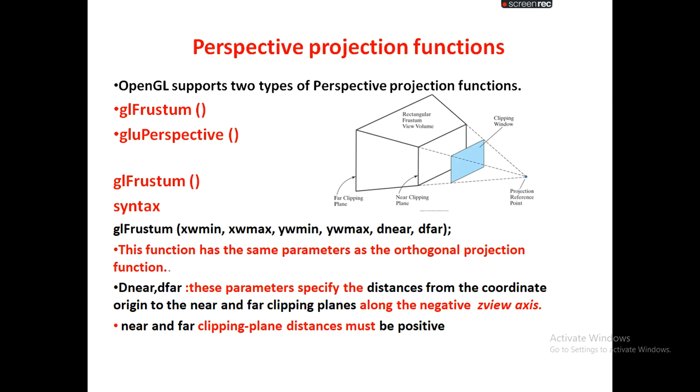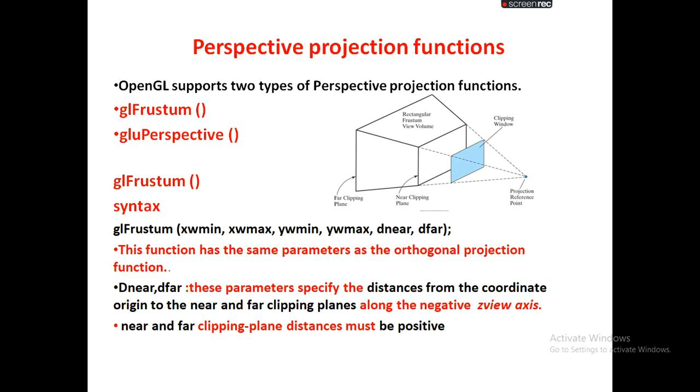OpenGL supports two types of perspective projection functions. The first one is called GL frustum, and the second one is called GLU perspective. These are the two OpenGL functions we use to create perspective projections.